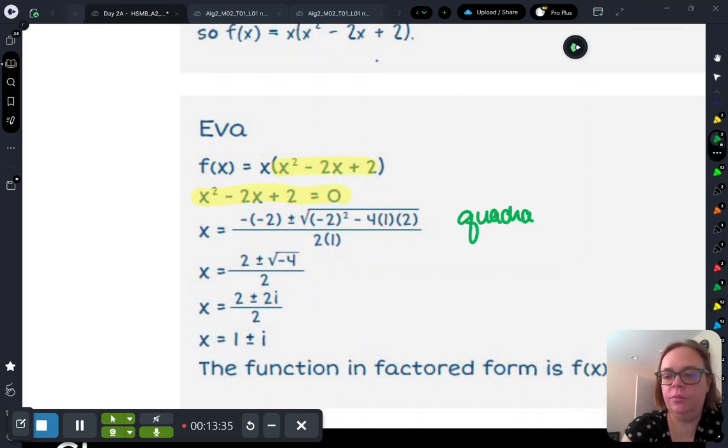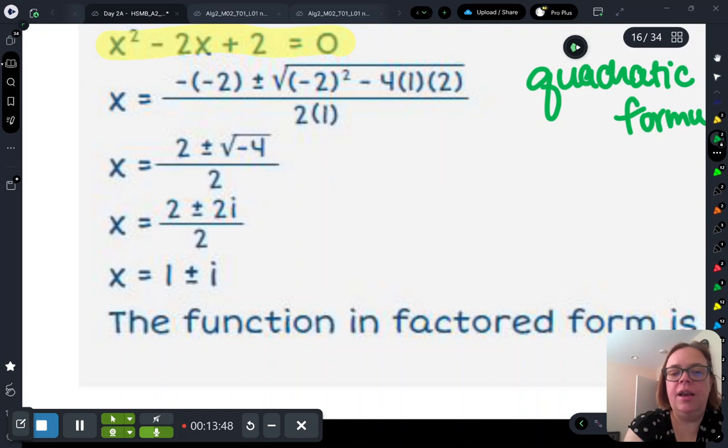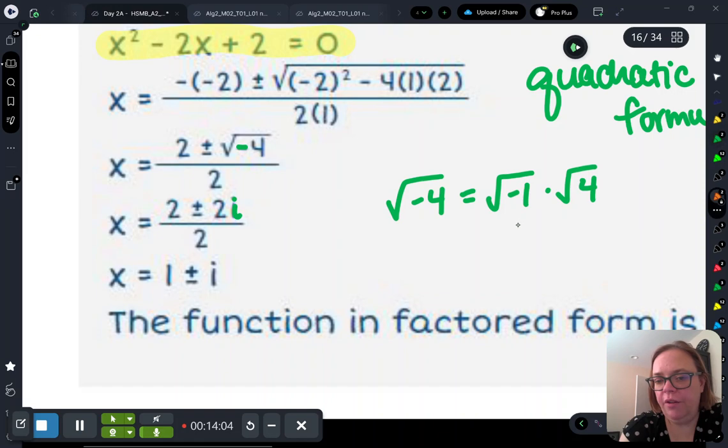Right? x equals negative b plus or minus square root b squared minus 4ac all over 2a. And look what she ended up getting when she did it. She got a negative under the square root. And that turns into an i. Right? Imaginary numbers. So the square root of -4 is the square root of -1 times the square root of 4. And the square root of -1 is i, and the square root of 4 is 2, which we can put in front.